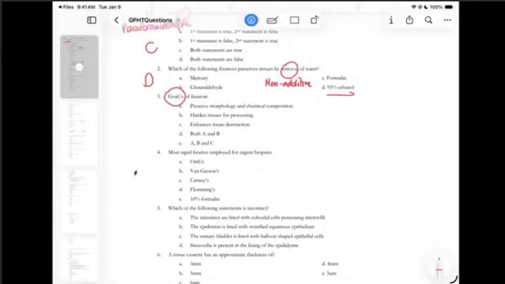Okay, letter D. So for number three, what are the important objectives or goals of fixation? Just like we have mentioned, fixation is the most crucial step in tissue processing for histopath, since we are after here the preservation of the tissue. And if there is a problem, it's very difficult to remedy.